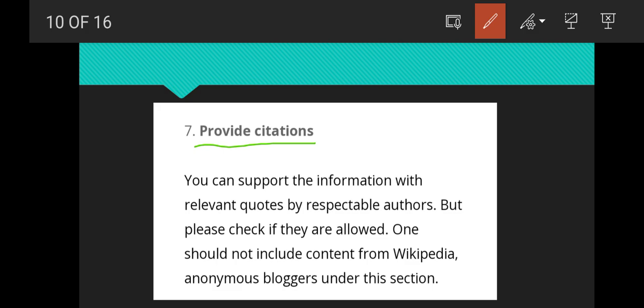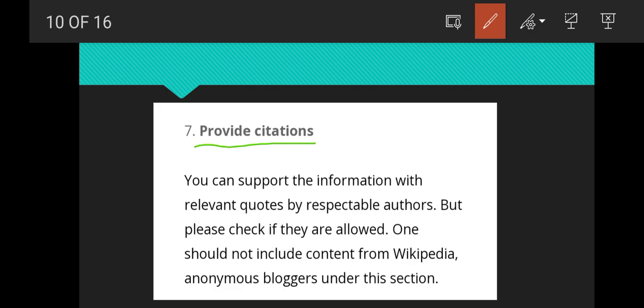Suppose you are writing about William Shakespeare's Merchant of Venice, Tempest or Macbeth, so you can write his quote in that composition. It is important. Please check if they are allowed, whether they have allowed you or not.